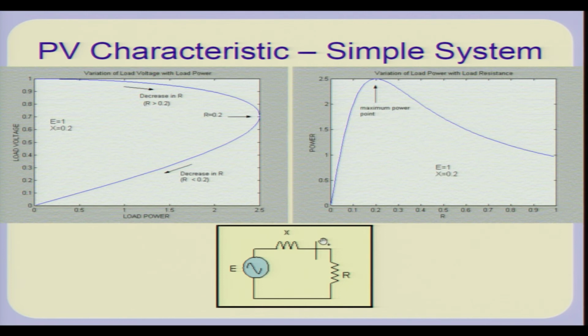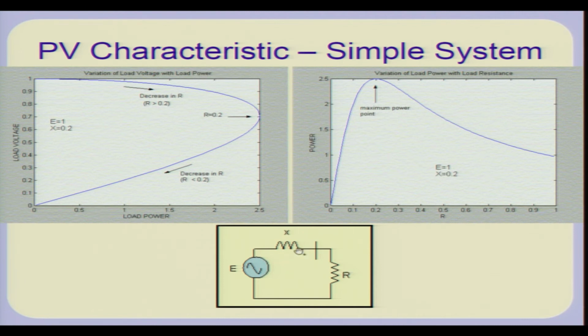This is assuming that V is constant, but V actually also changes, that is the important thing. Initially, as you reduce the resistance, power increases, till R is equal to X. This is the maximum power point, and thereafter any decrease in resistance decreases the amount of power.